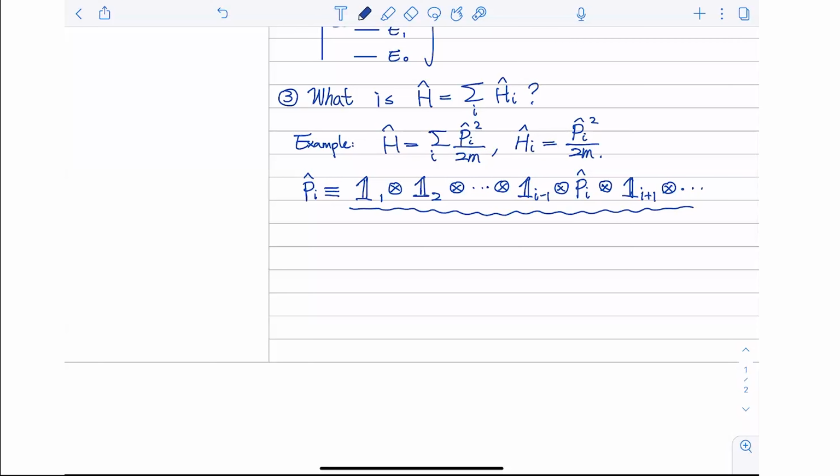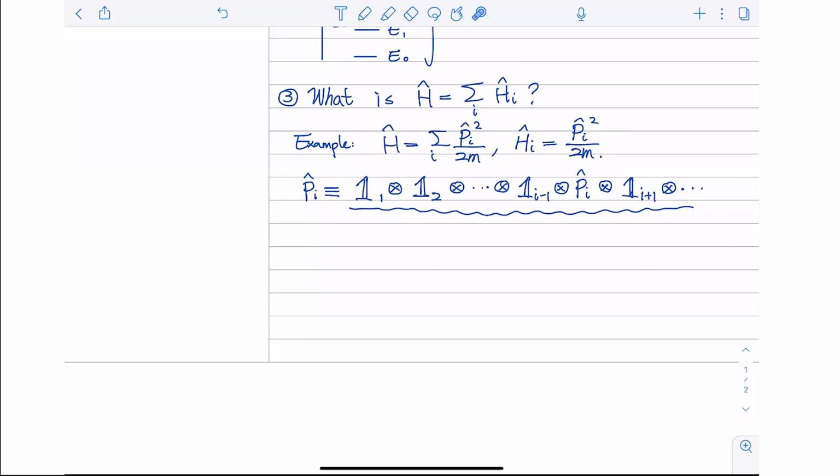It means that for the first particle, right here, we actually did not change its behavior. This operator will basically be an identity operator for the first particle. So it must act trivially on the Hilbert space of the first particle.